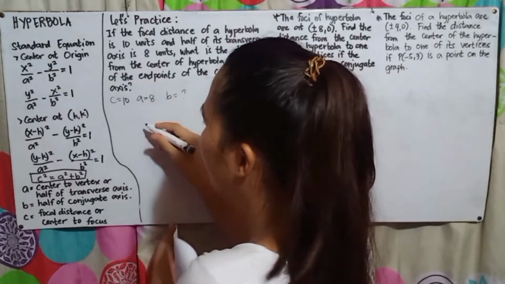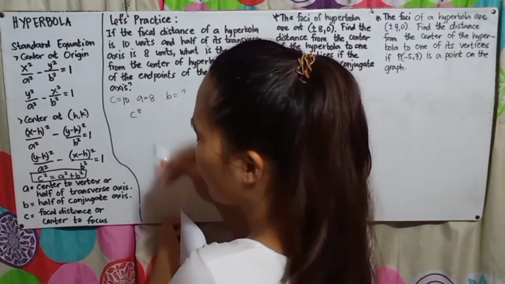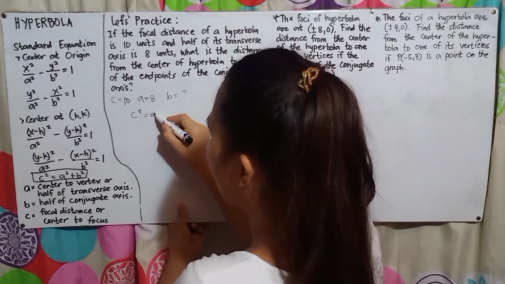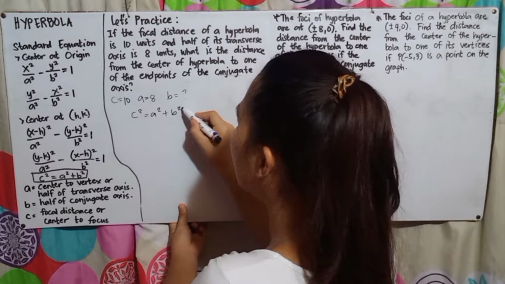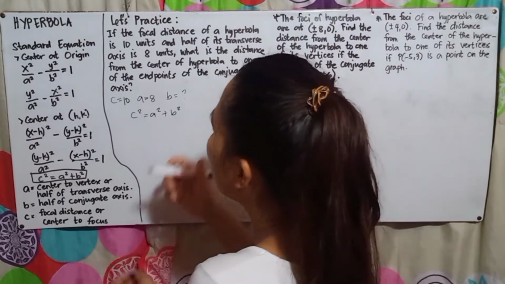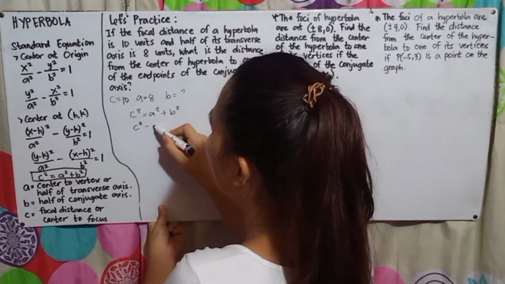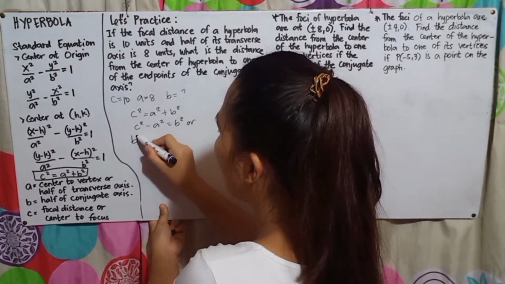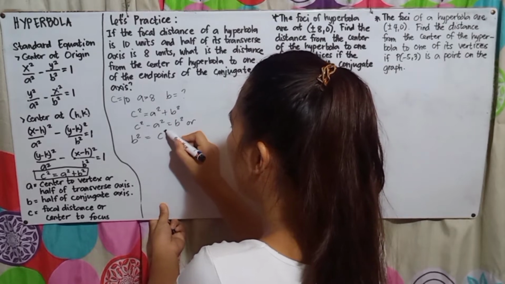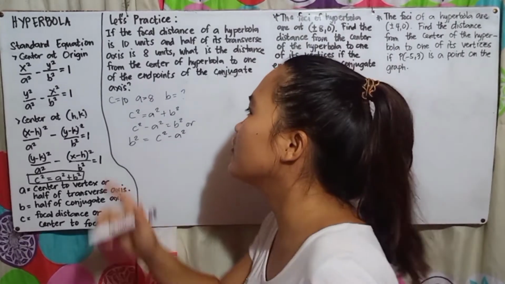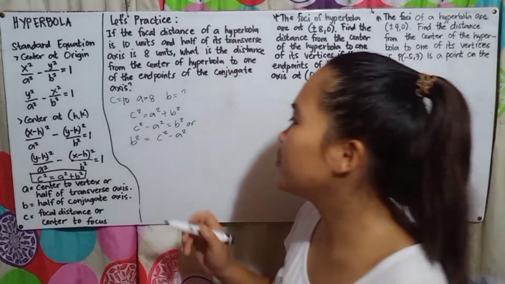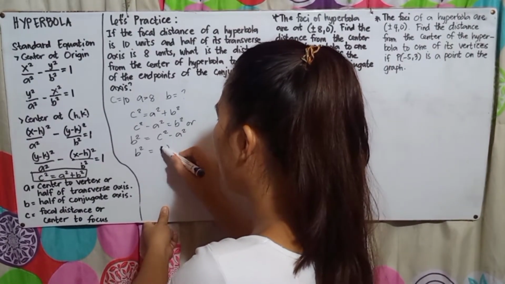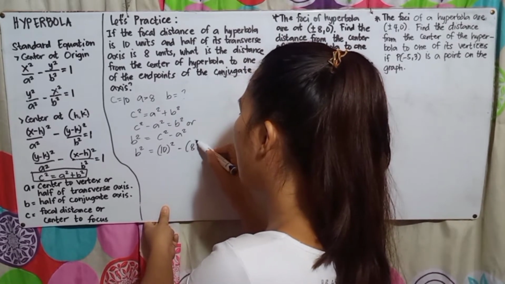From the formula C squared equals A squared plus B squared, i-derive ang formula, magiging C squared minus A squared equals B squared, or B squared equals C squared minus A squared. Ipang-substitute ang given: C is 10, magiging 10 squared, A is 8.